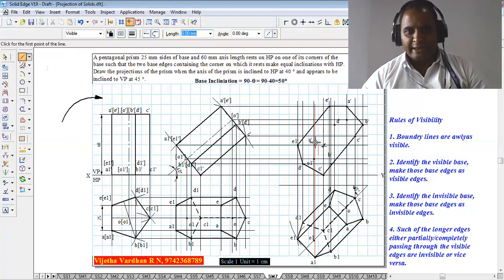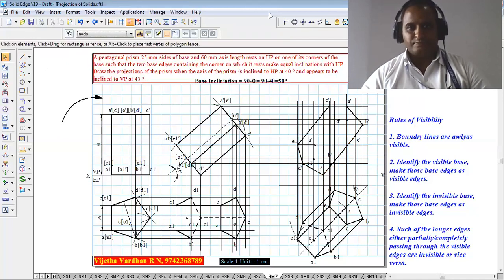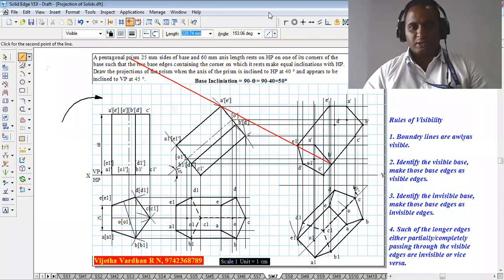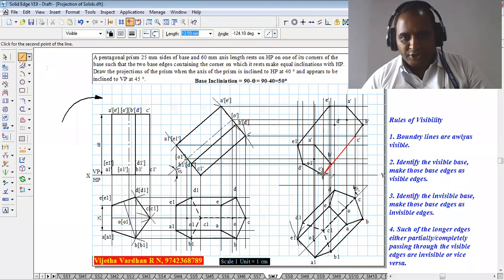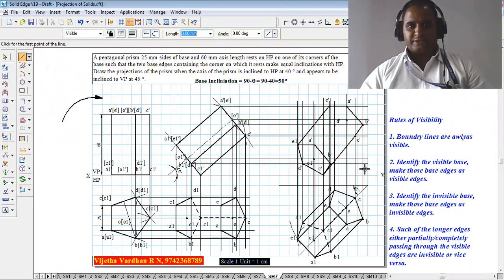And then A1 dash to B1 dash is going to be the visible edge like this. And from B1 dash to C1 dash, we have to connect the points like this.